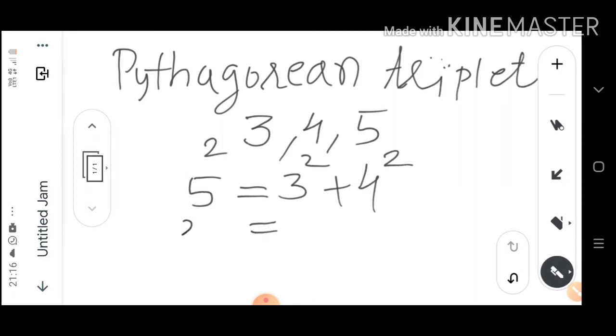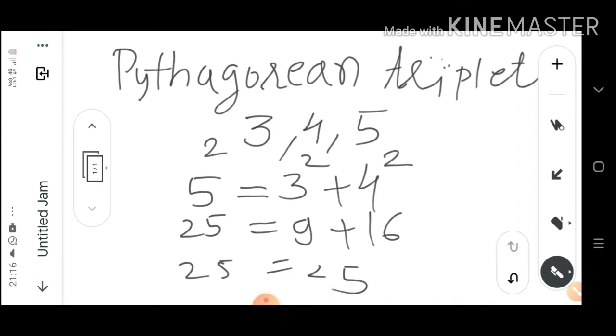That means 25 is equal to 9 plus 16. That means 25 is equal to 25. The rule is obeyed. So, the set of these 3 numbers 3, 4, 5 is a Pythagoras triplet.